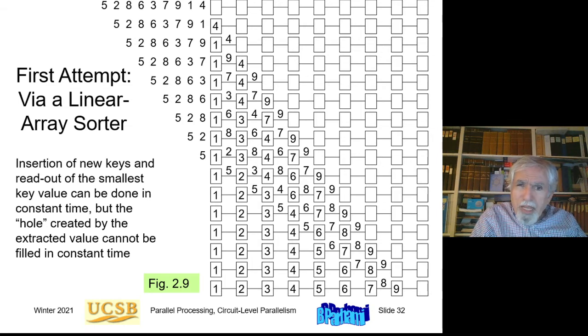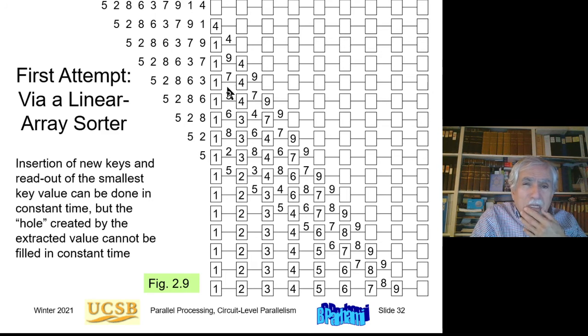Sure, I can extract this 1, but when I extract this 1, a hole is created, an empty space here. And if I immediately decide to extract the next smaller number, that next smaller number, which is 4 at this point, is sitting here. So it's not easily accessible.